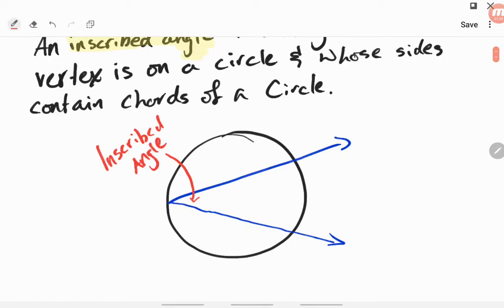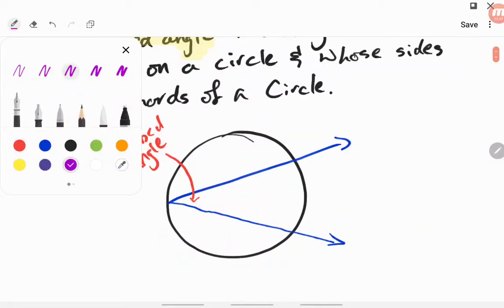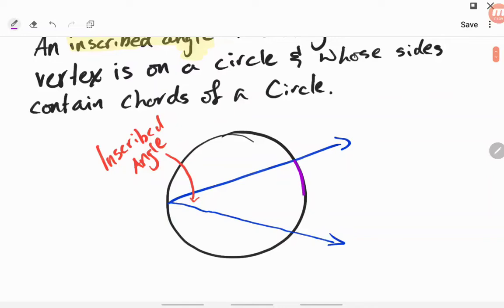Clearly, we want to know how we can find the measure of an inscribed angle, and not only that, but we want to be able to reference the intercepted arc, right? So in purple here, I have the intercepted arc. And that is just the arc who shares these little endpoints here, right? The arc contained by the endpoints of that chord that represent the end of that inscribed angle, right?